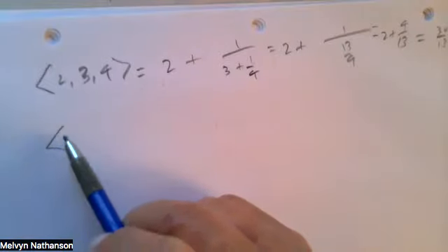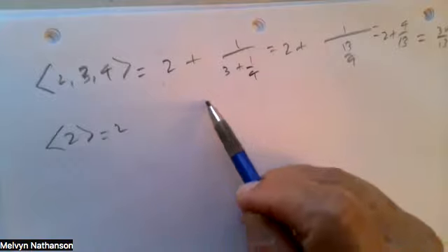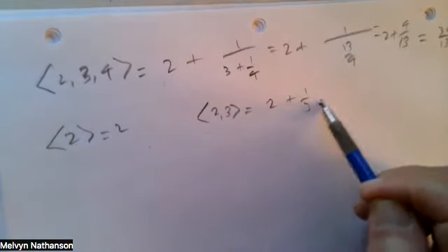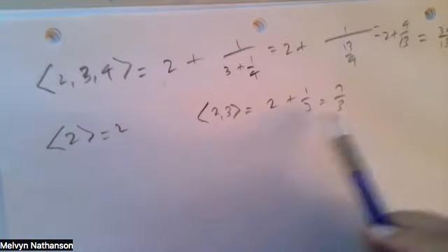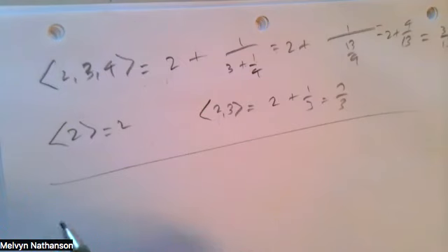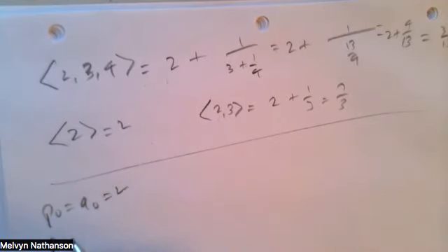So if I have the continued fraction 2, that's equal to 2. And if I have the continued fraction 2, 3, that's 2 plus a third, which is 7 over 3. So let's look at the sequence of numbers P0, P1, P2. P0 is A0, which is the first number, which is 2.